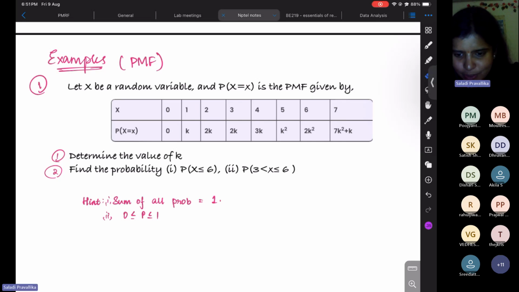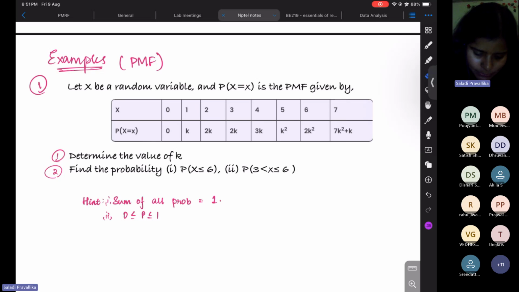Here we are having k square, no? Aren't we supposed to get two k values? Yeah. Then why haven't you guys considered it? Amazing.